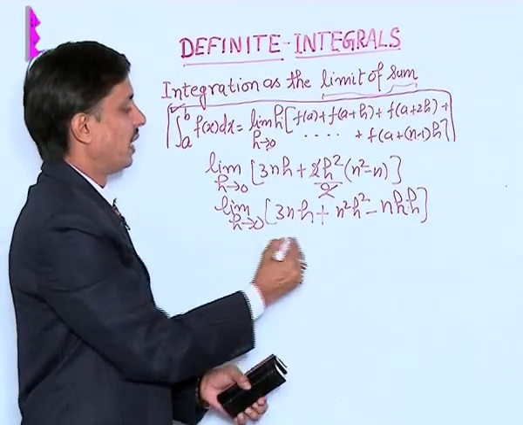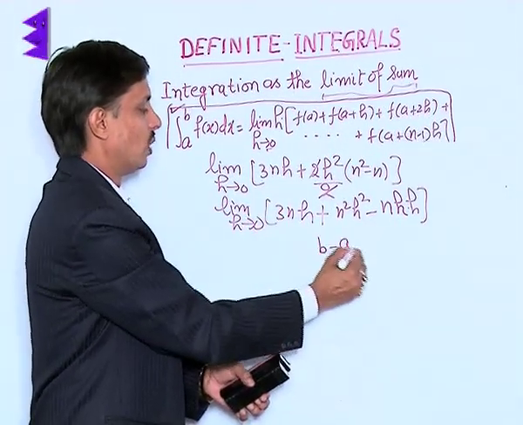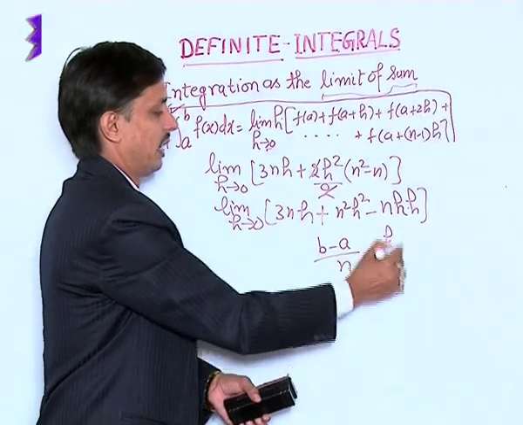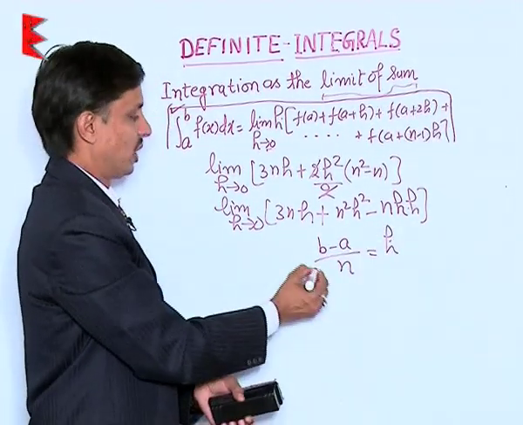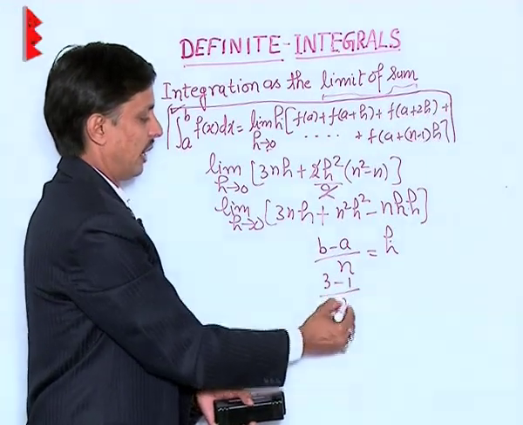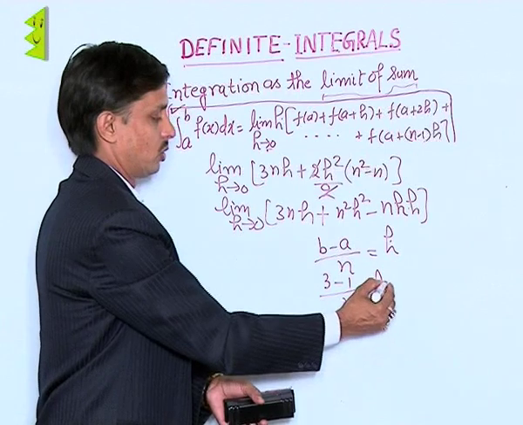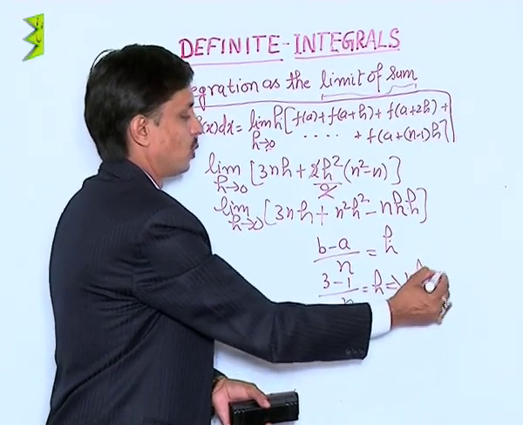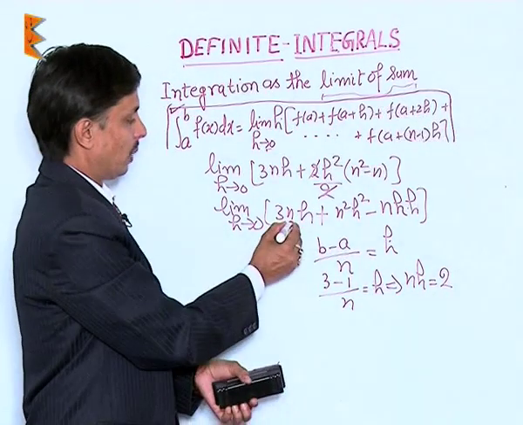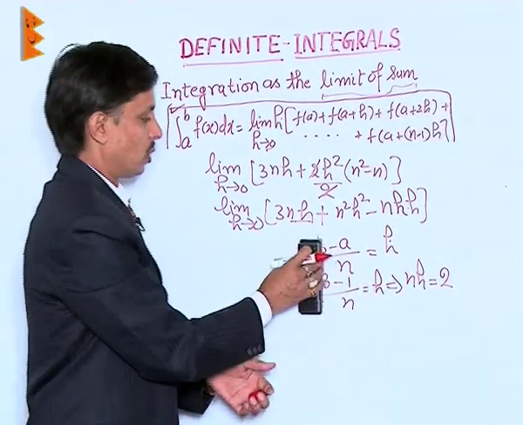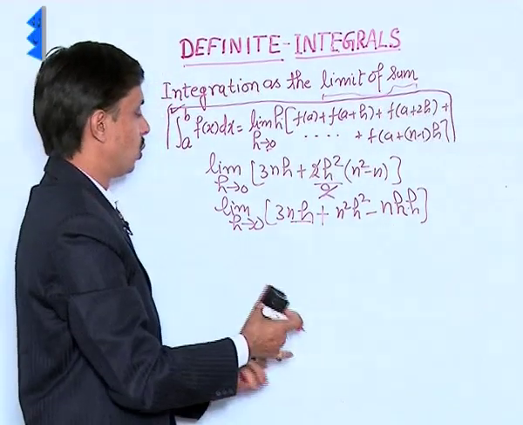But already when I was discussing with you, b minus a upon n is known as h. B in the question was 3, a was 1, n was n, and h. So I already told you the answer of nh was 2. So in place of nh I need to write 2.